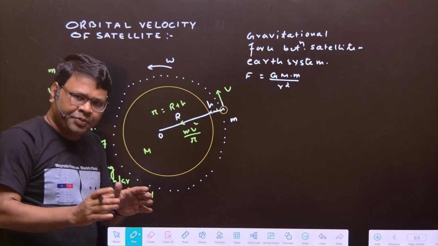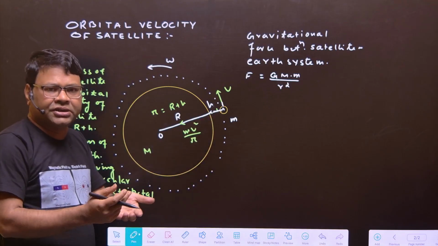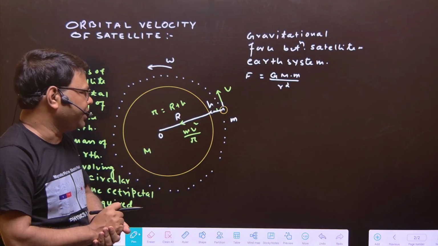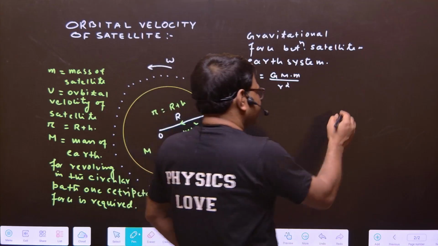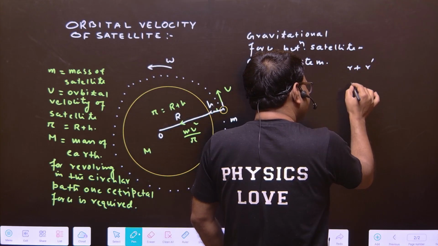Actually, the distance should be taken center to center, but the radius of the satellite is very small. That's why we have neglected it. Otherwise it would be r plus the radius of the satellite, r dash.